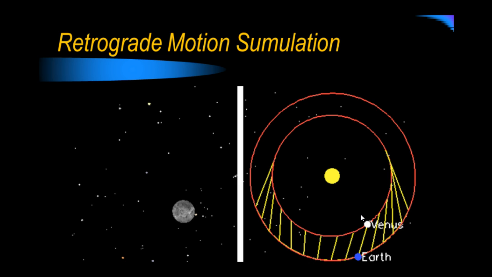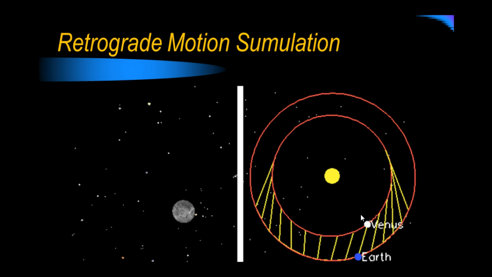It's first rotating counterclockwise, then starts rotating clockwise. This corresponds to the first reversal of apparent motion. Now, a while later, it starts rotating again in a counterclockwise direction. This same explanation works for outer planets too, only now it's the Earth that overtakes the outer planet.